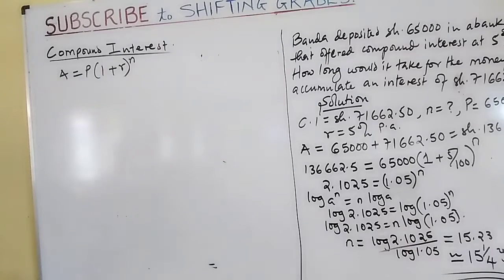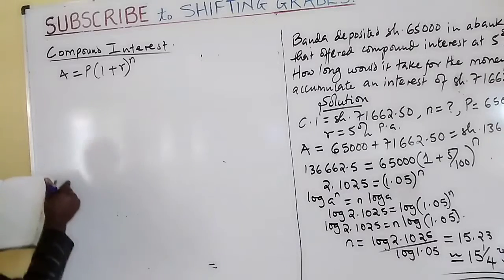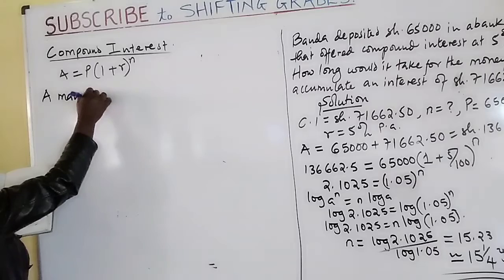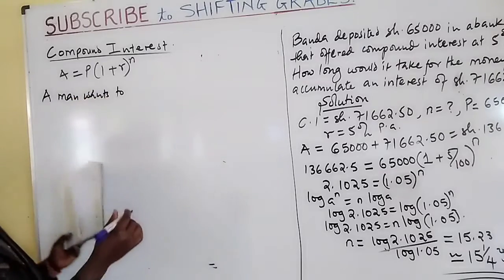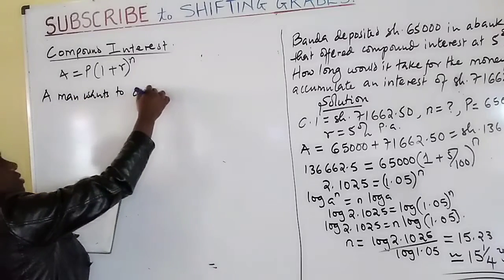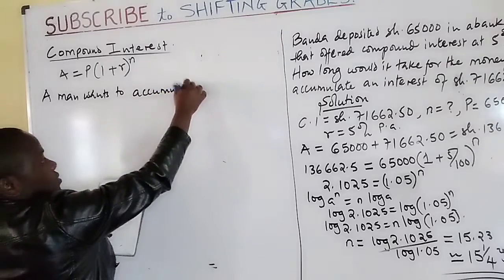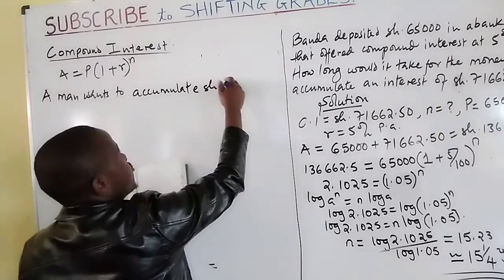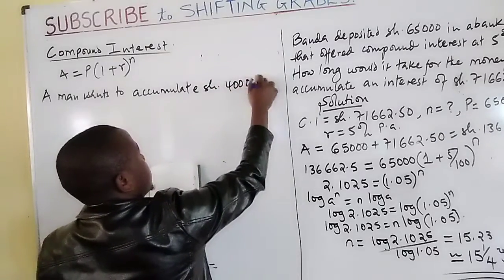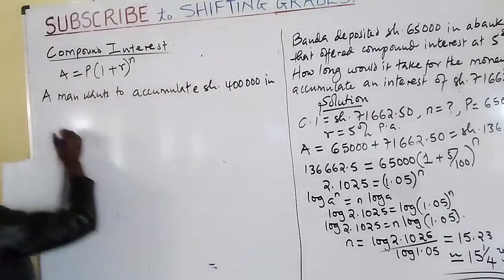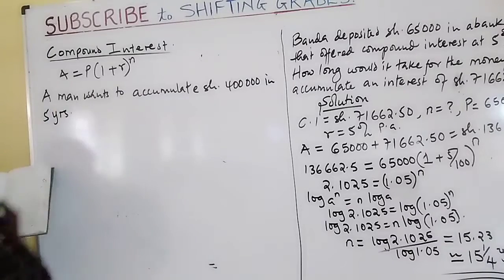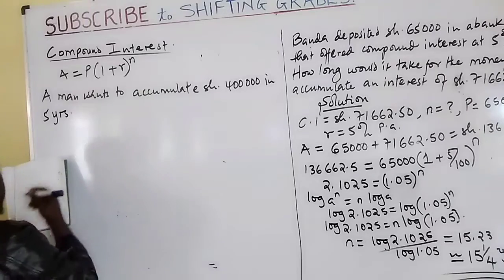We are told a certain man wants to accumulate 400,000 shillings in 5 years. How much money must he invest now?